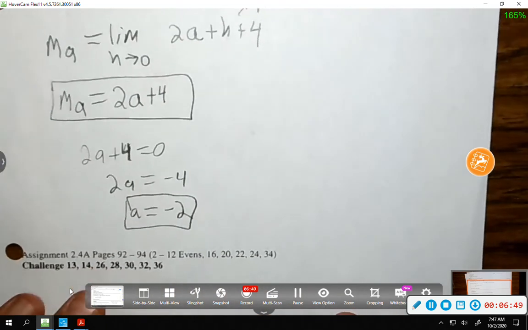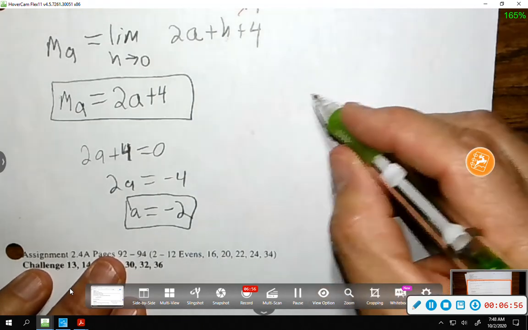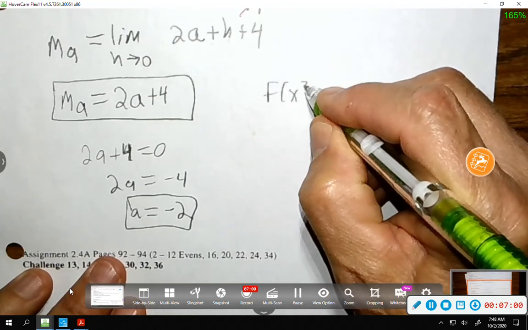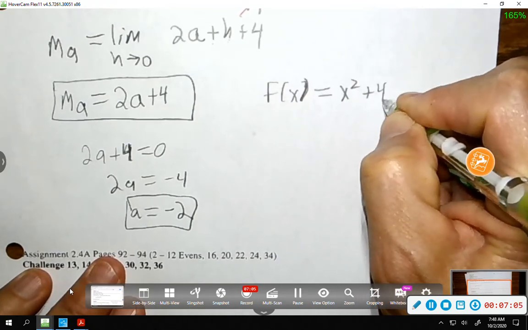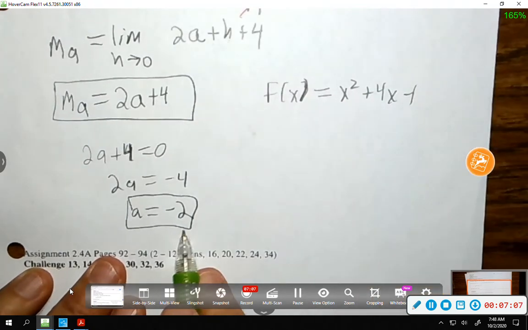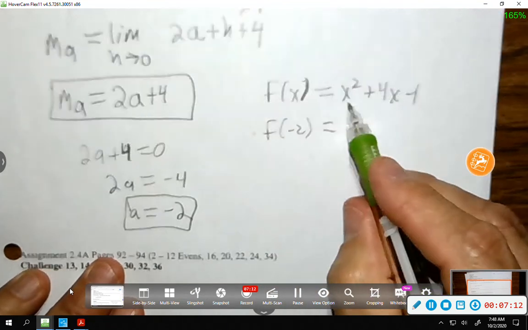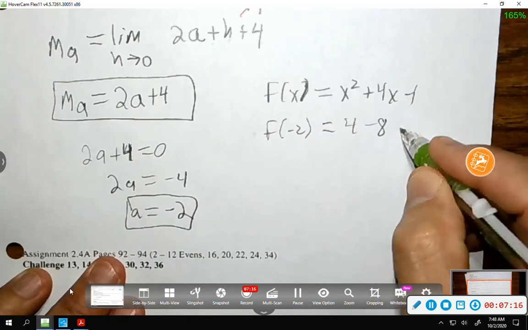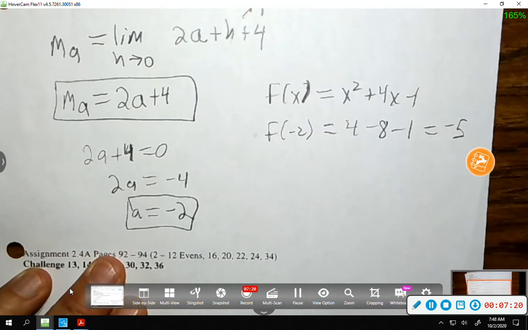That is the x-coordinate of this point of tangency. If we plug this back into the original function, x squared plus 4x minus 1, to get the y value: -2 squared is a positive 4. 4 times -2 is -8, minus 1. 4 minus 8 is -4, minus 1 is -5.